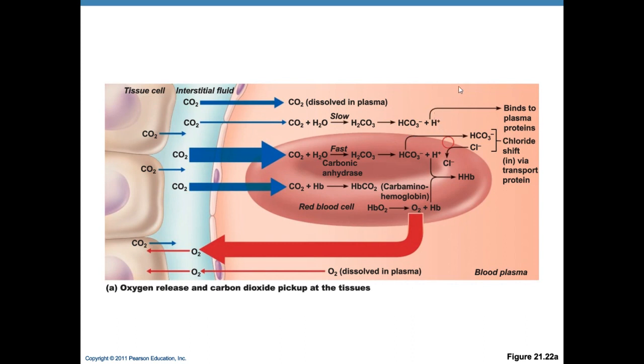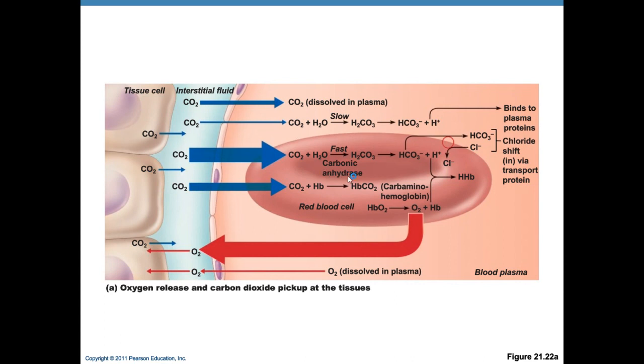And in that, it's going to produce a hydrogen ion that binds to plasma proteins. In order to counteract that positive ion leaving, we have the chloride shift where the negative ion comes in and balances the charge back out. Right? So that's kind of some of the chemistry involved. Now, if that was the only way that CO2 could be pulled out of cells and put into the blood, it would be super inefficient. Right? So what we need to look at, more importantly, is the reactions that we have.